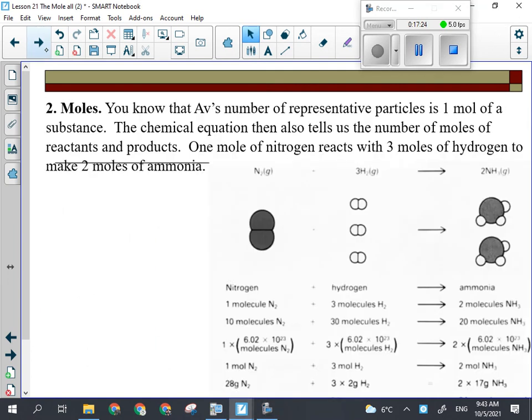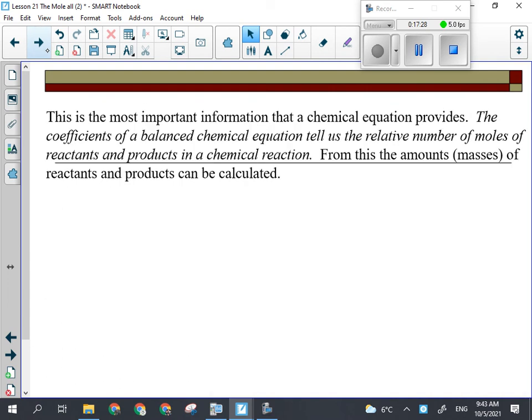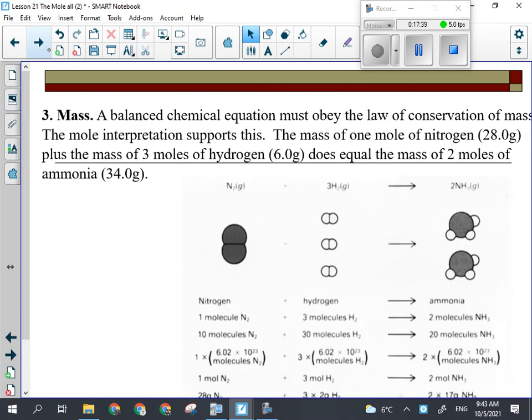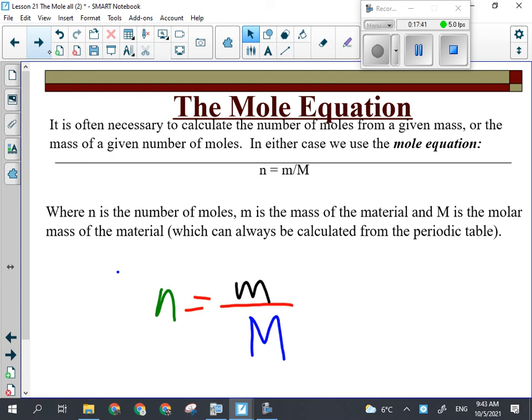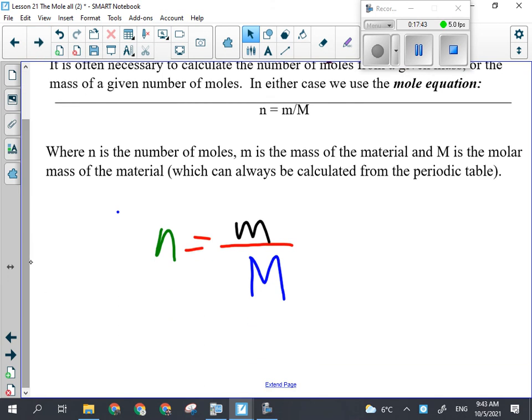So we talked about how it could be looked at as particles, as moles, or even mass if we wanted to. That's why we put those coefficients in there when we're balancing a chemical equation, to make sure that we've got the same number of moles or mass or whatever on both sides of the chemical reaction. Now, the mole equation looks like this.